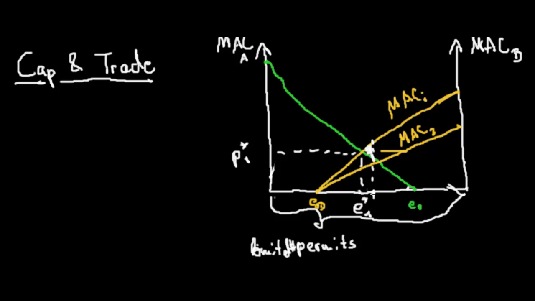The difference between the allocated amount of emissions here and the efficient outcome here is the number of units firm B had to buy from firm A.